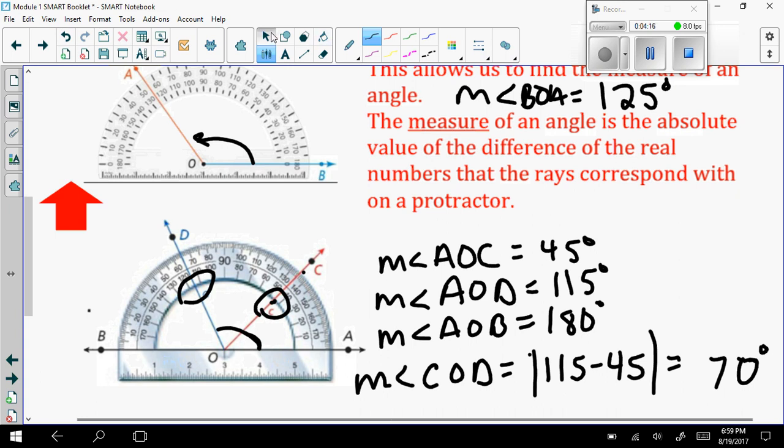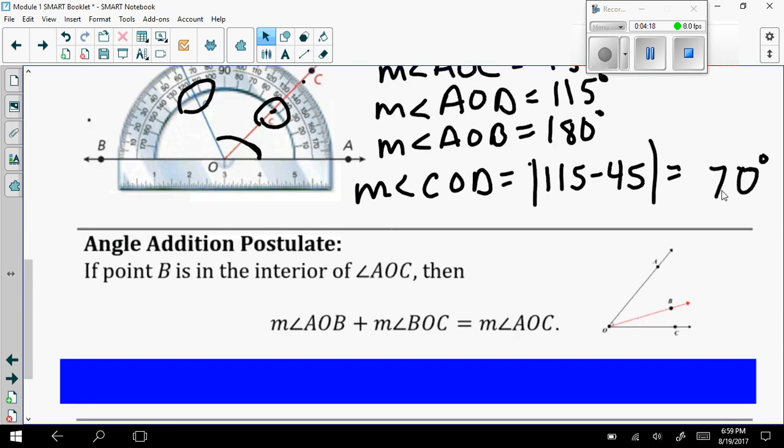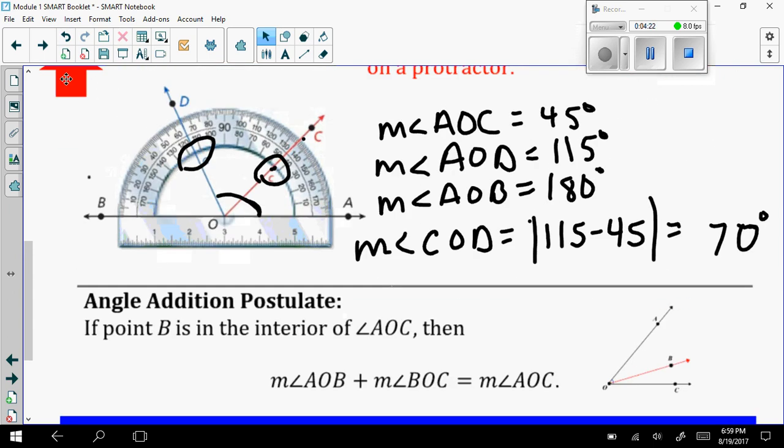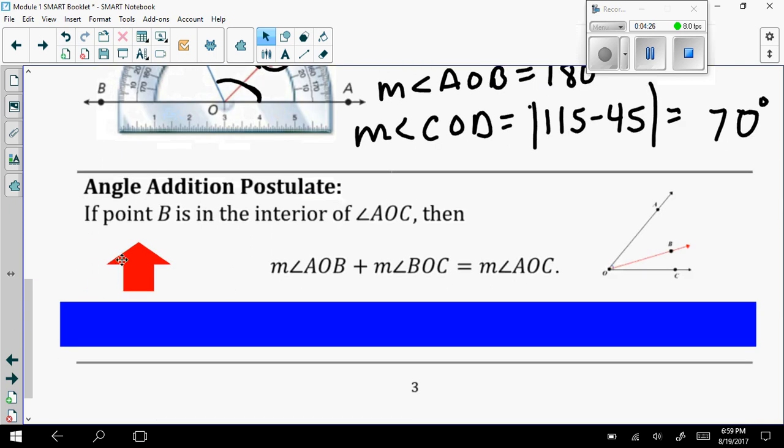Our second postulate for angles is our angle addition postulate. So our angle addition postulate says if point B is on the interior of AOC, so B is inside, right there, here is AOC, then the measure of AOB plus the measure of BOC is equal to the measure of AOC.